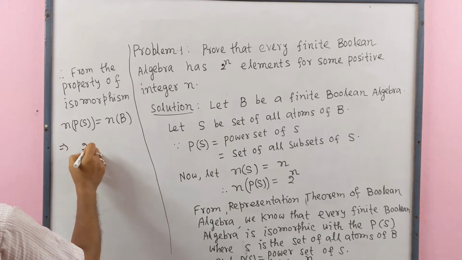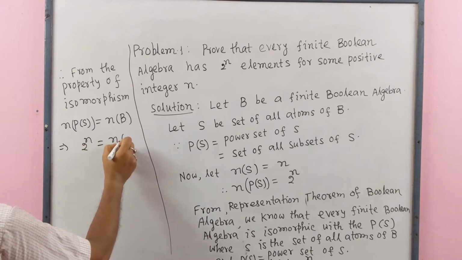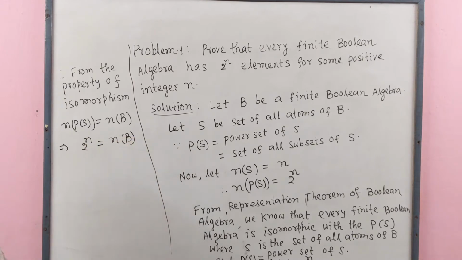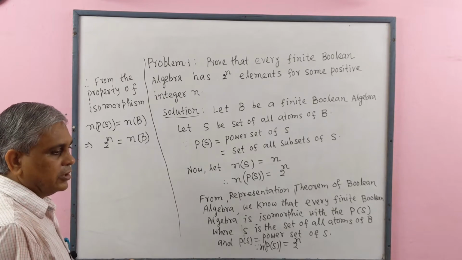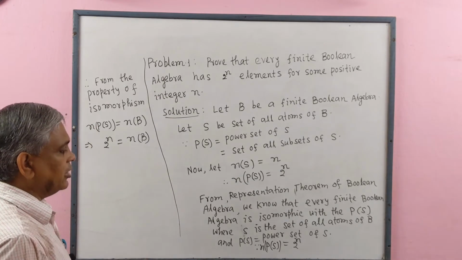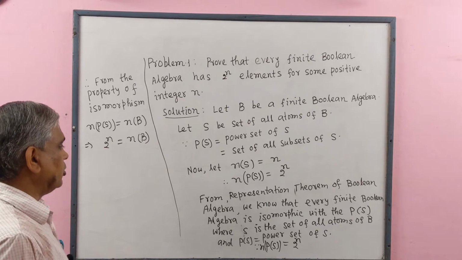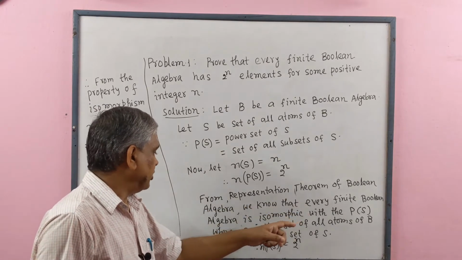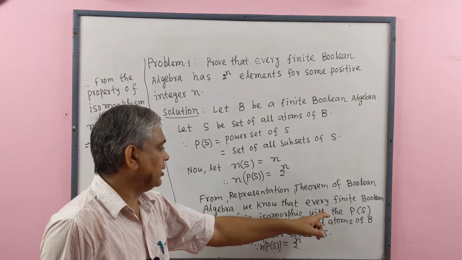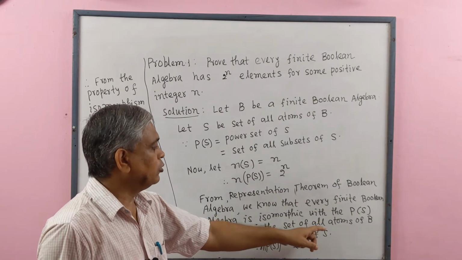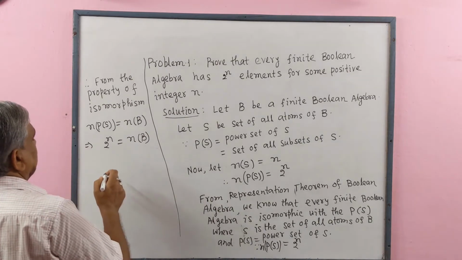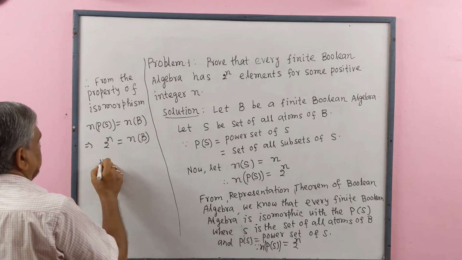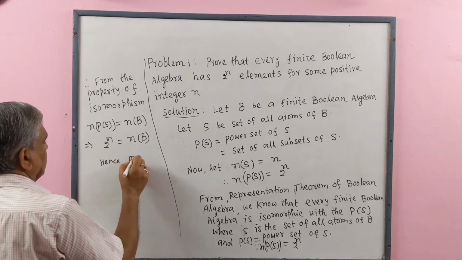Implies that 2 to the power n equal to NB. Since in isomorphism we get that the Boolean algebra set B is one-one onto with PS. Hence proved.